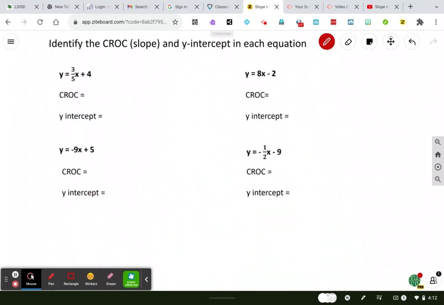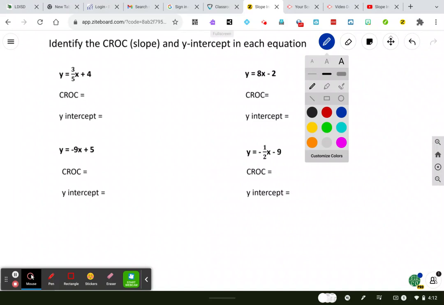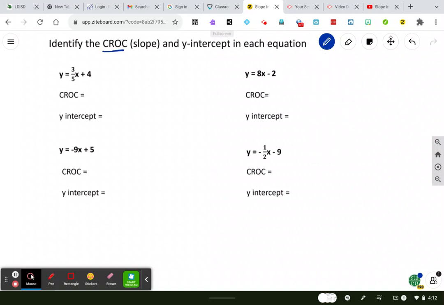Last little bit here. Identify the constant rate of change or the slope. Remember in 7th grade, we call it constant rate of change. In 8th grade, they'll talk to you about the slope. That's how steep the line is going. And the y-intercept is where it crosses the y-axis.